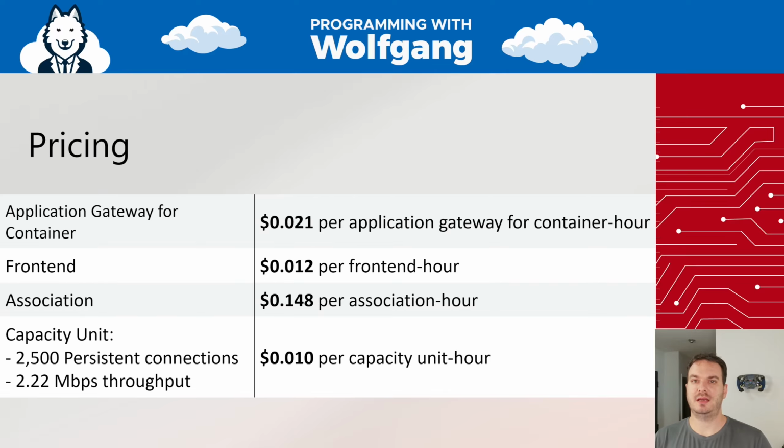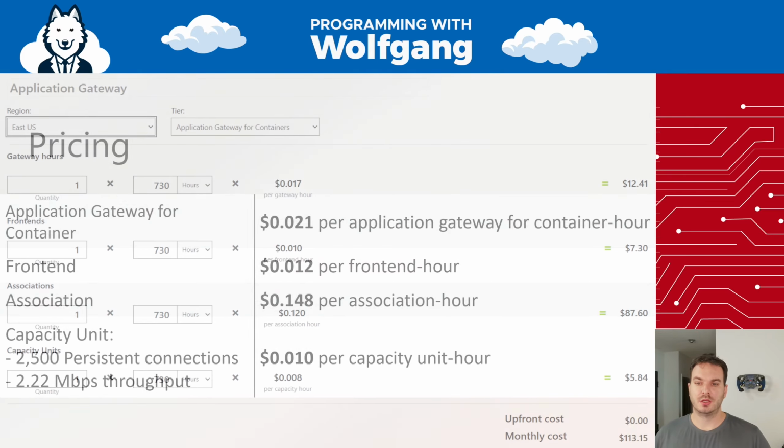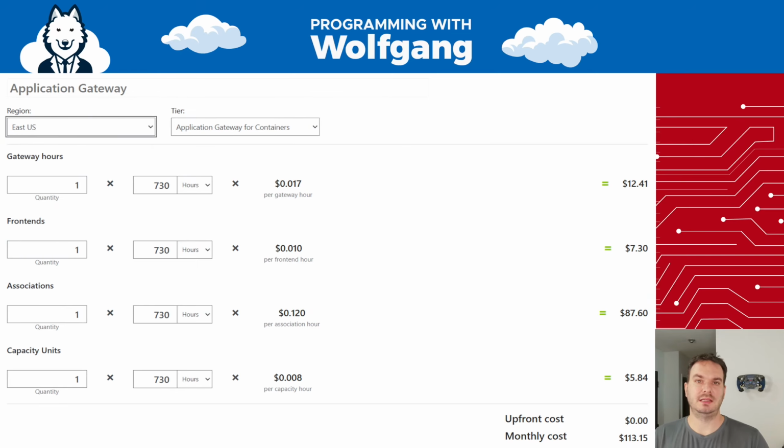If you calculate this, I think with the 2,500 connections, you have up to 1 gigabit. Here I selected East US because that's the cheapest region I could find. With the basic configuration, the bare minimum, it will come to around $113. It's not the most expensive resource, but it's also not free.